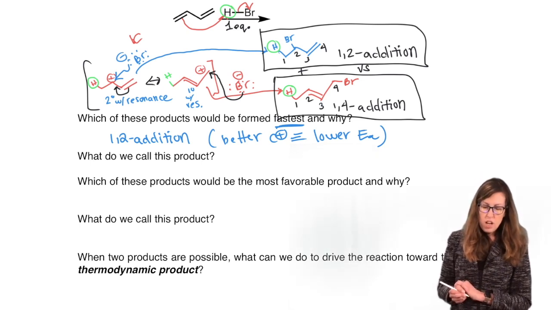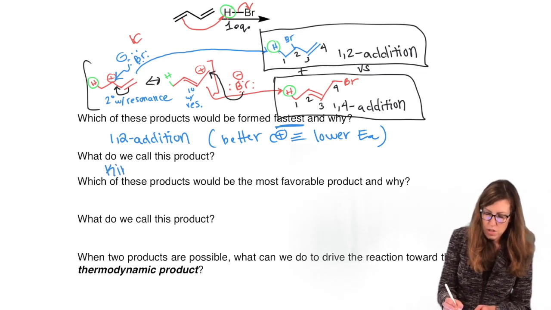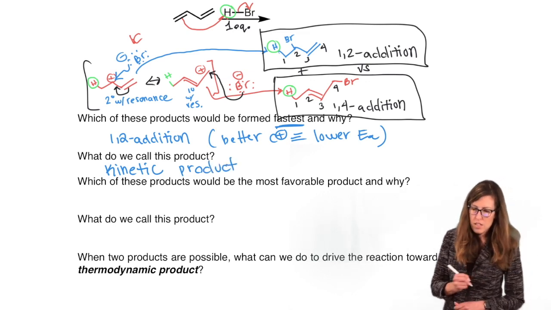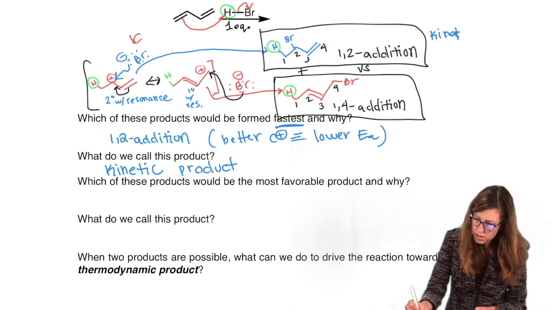So we're going to call that product, because it's faster and easier to form, the kinetic product. It's the fastest one. Doing it in blue. So this is our kinetic product, kinetic, so it matches the color.